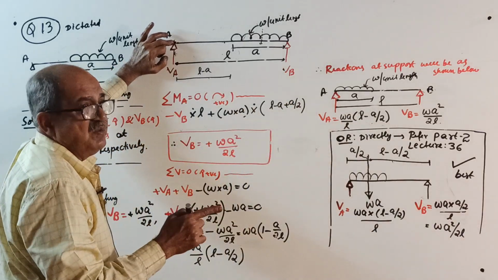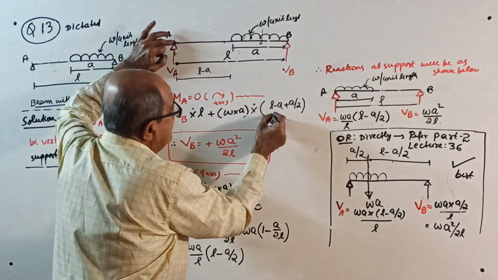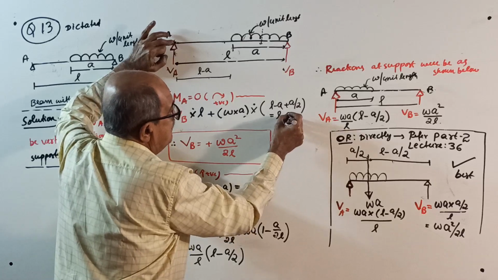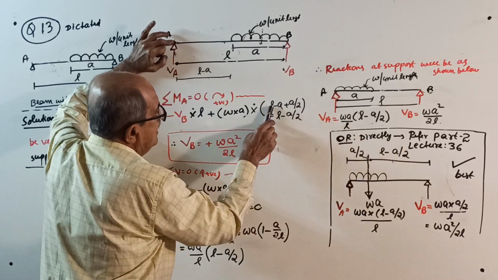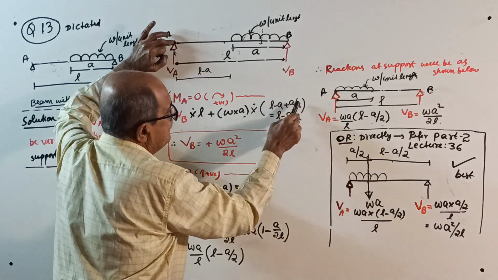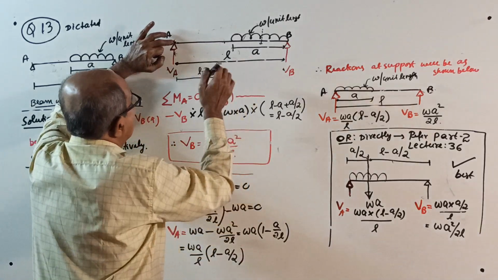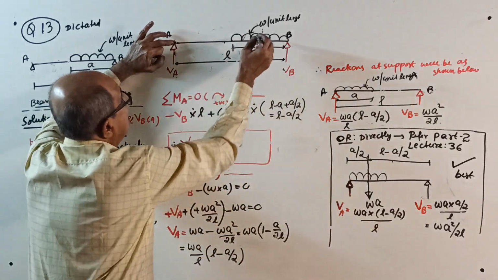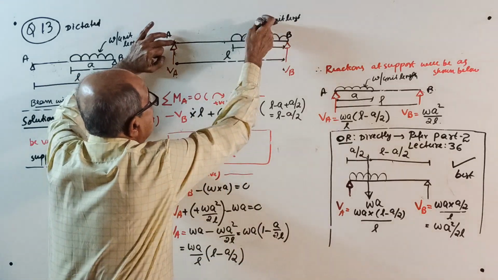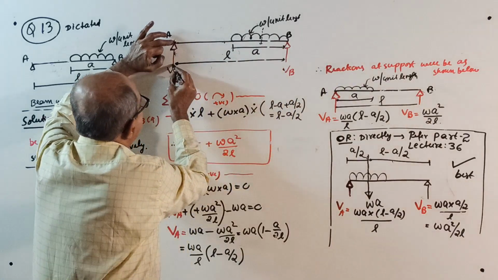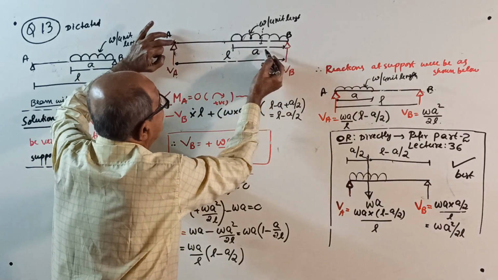If you simplify, it will become L minus A by 2. Or, instead of struggling with this distance, if you write W into A, the total load, into the distance you want from this side, it is L minus A by 2.